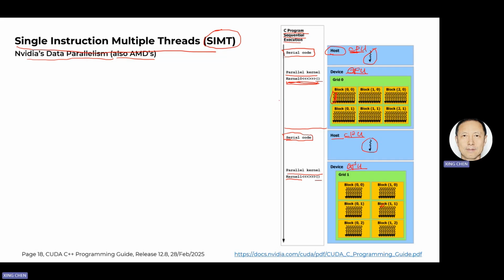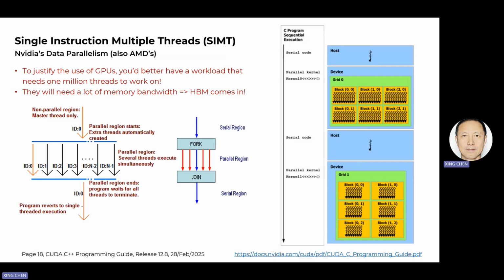Okay, now before we move forward, we need to compare this with what we have discussed in the CPU part. I've said that to justify the use of GPUs, it's better you have a workload that needs at least 1 million threads to work on.